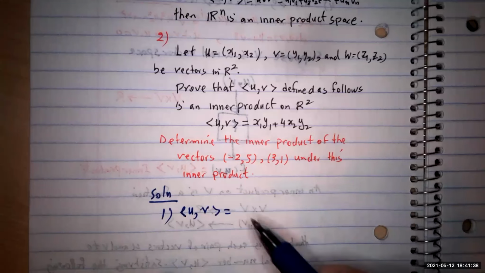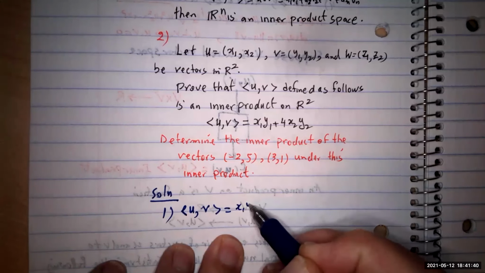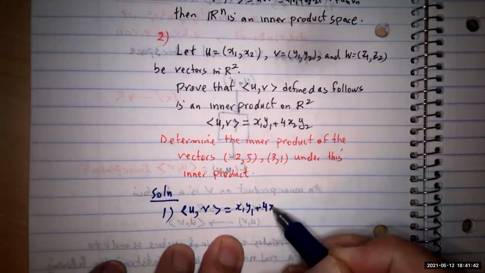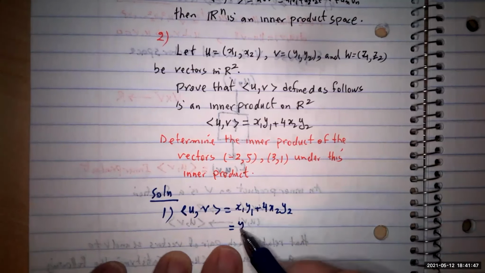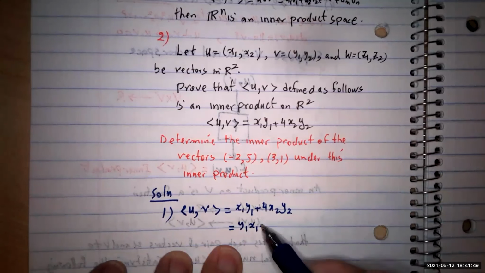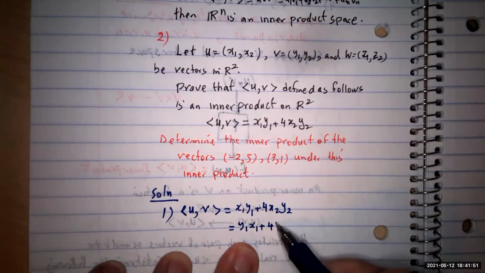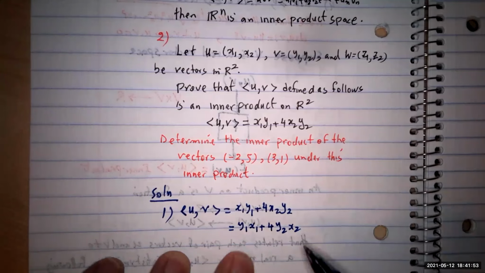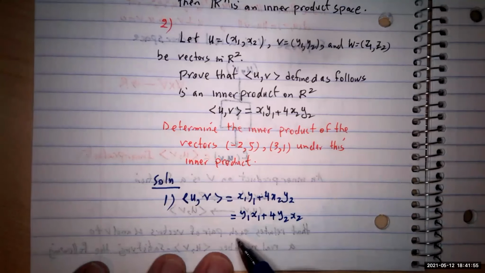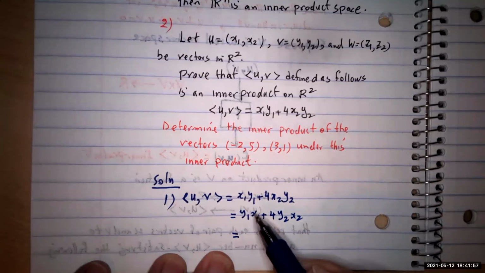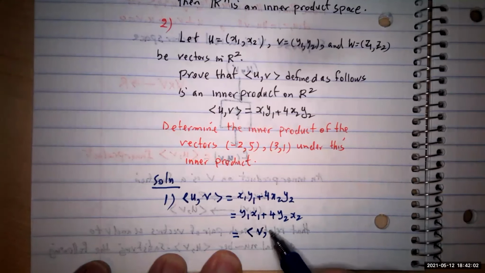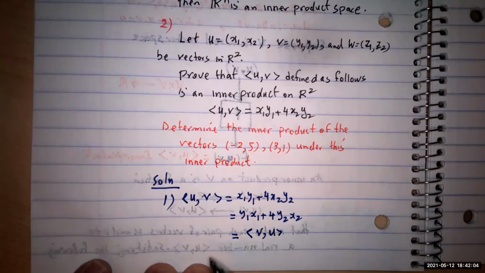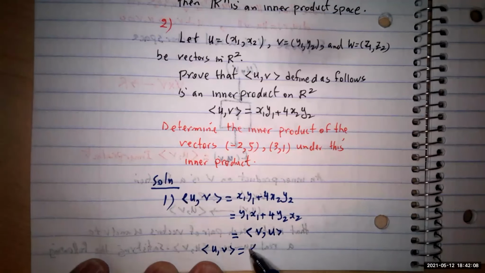This is X1 Y1 plus 4 X2 Y2, so I can switch it into Y1 X1 plus 4 Y2 X2. According to this definition, this is simply V times U. So I proved the first condition: it is symmetric.